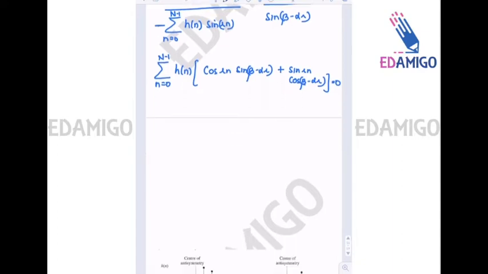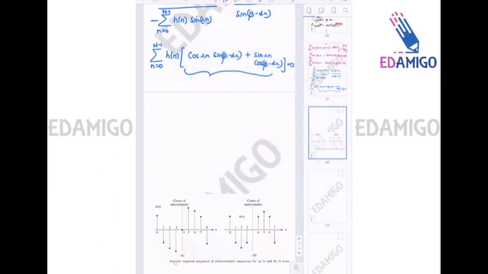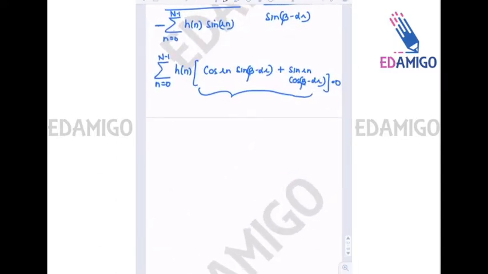Now this summation will come out to be a sine function: summation n equal to 0 to capital N minus 1 hn sine of beta minus alpha sigma plus sigma n is equal to 0.